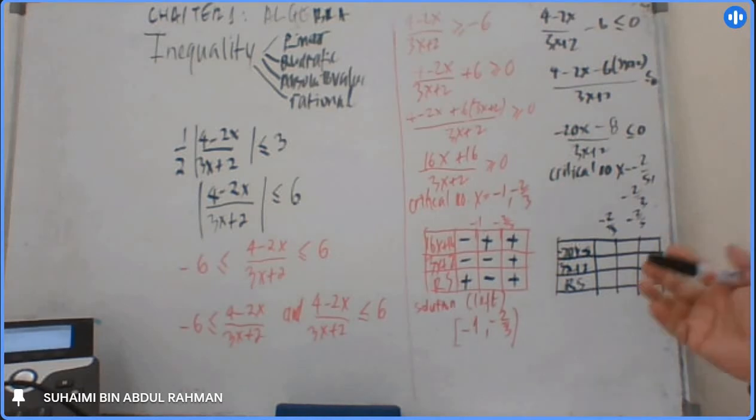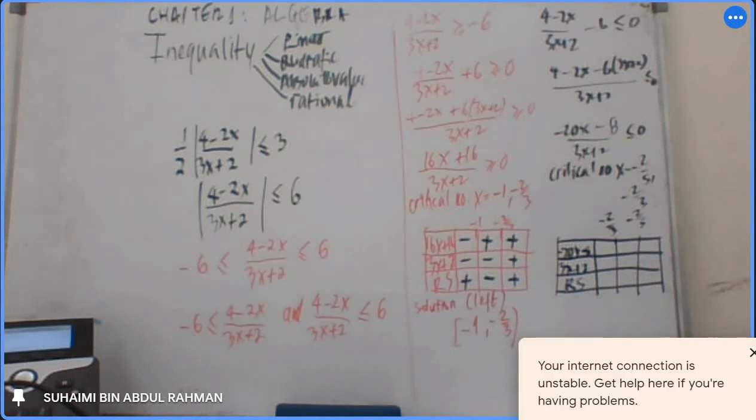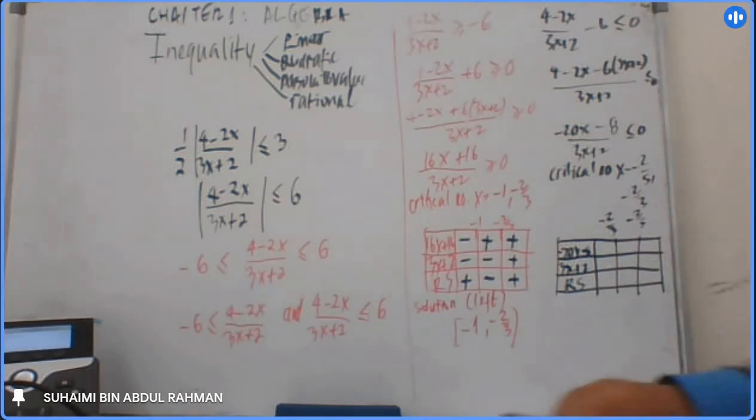Any questions so far? Any problems? No, sir. Now substitute one value which is less than minus 2 over 3. What do you have?